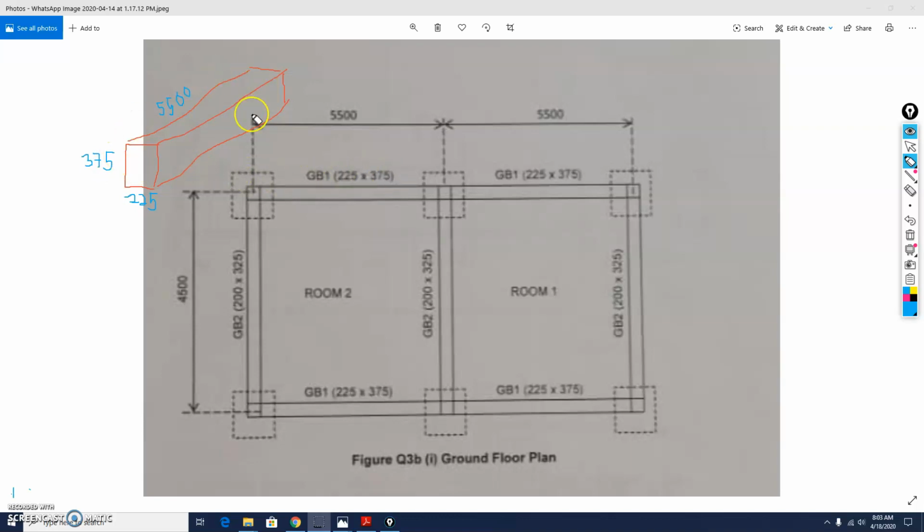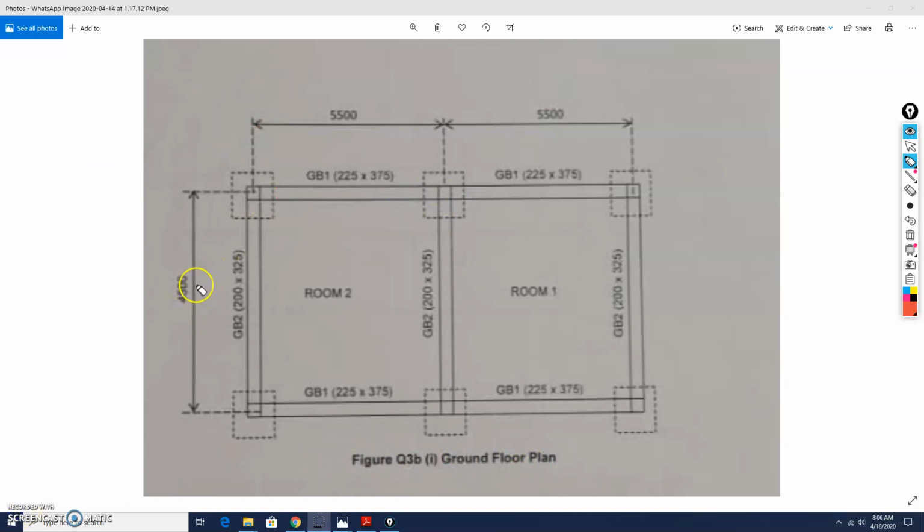So if you look at the 3D figure here, the length of the beam is 5,500 including 2 half column. The breadth is 225 and the depth is 375. You cannot see this in this diagram because this one is the plan view.